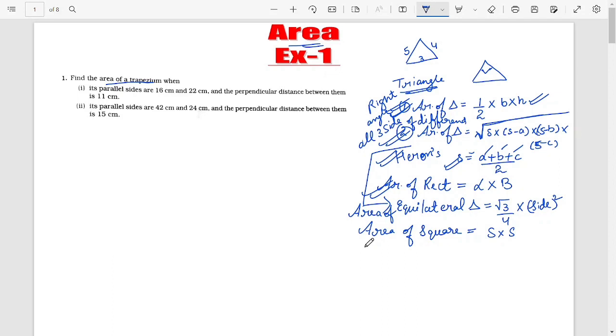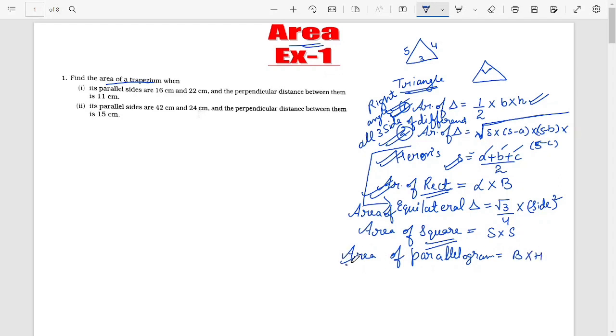Another formula which you already studied in the previous classes is the area of a parallelogram. This is one type of quadrilateral. Square is also a quadrilateral. Rectangle is also a quadrilateral. Similarly, parallelogram. The area of a parallelogram formula is base multiply height.